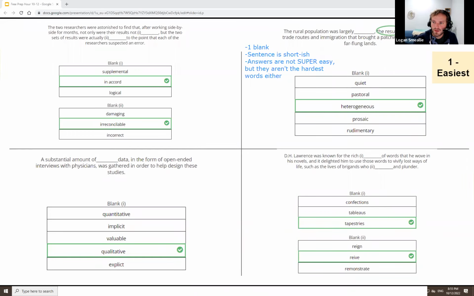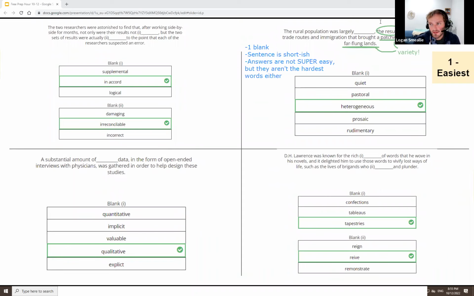What do those things tell me? There's going to be a lot of difference or variety, let's say, because they're coming from all over the place. It's a patchwork, which means there's a bunch of little different types of things. And that's part of what leads to the correct answer of heterogeneous.